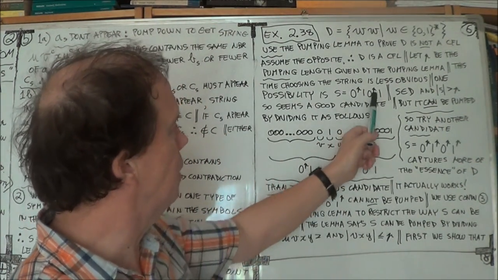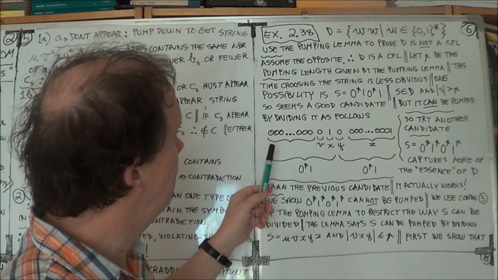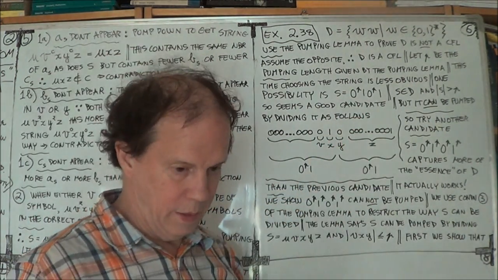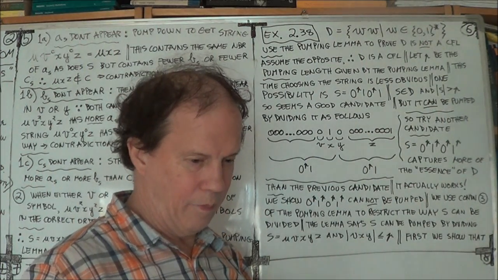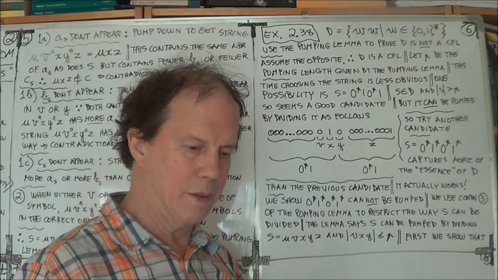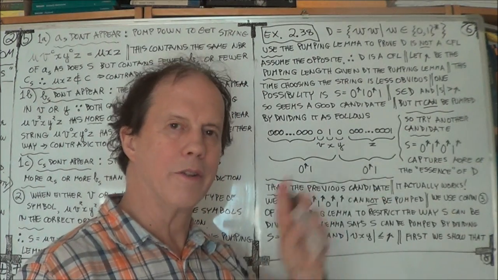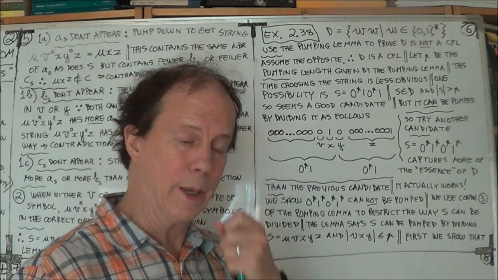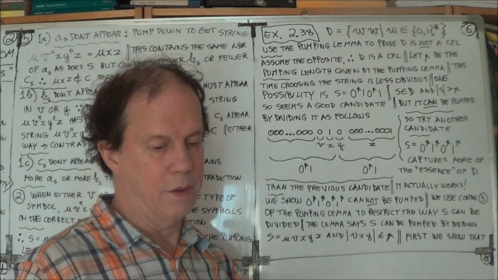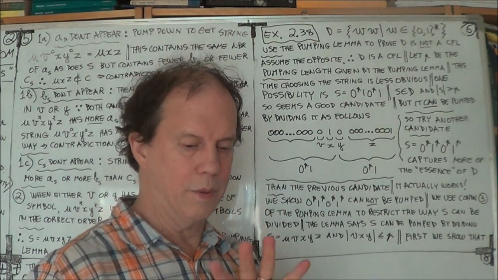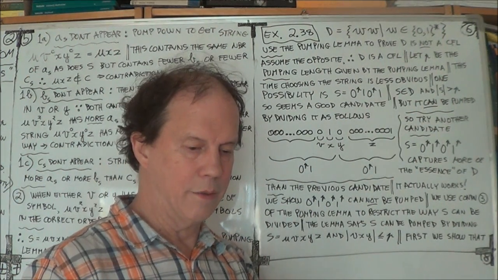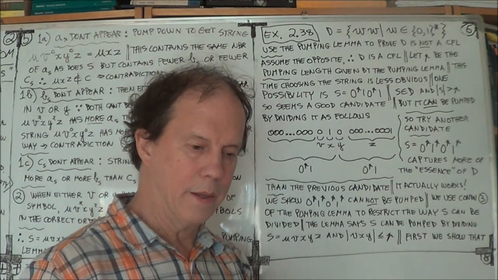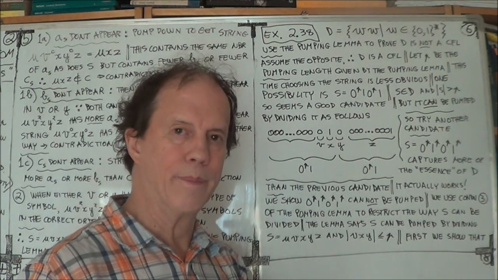It seemed like a good candidate, but if you divide it this way, now remember, the pumping lemma says that for any string greater or equal in length to the pumping length, little p, it's possible to divide it into 5 substrings, uvxyz, that you can pump.